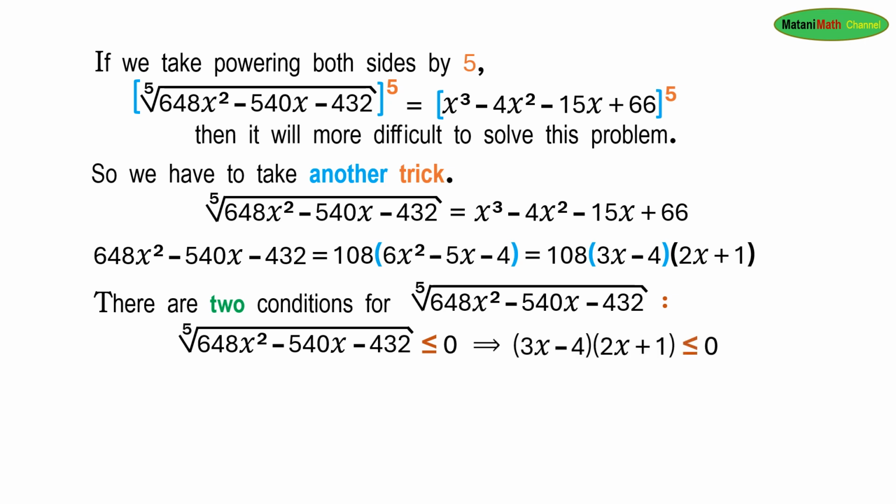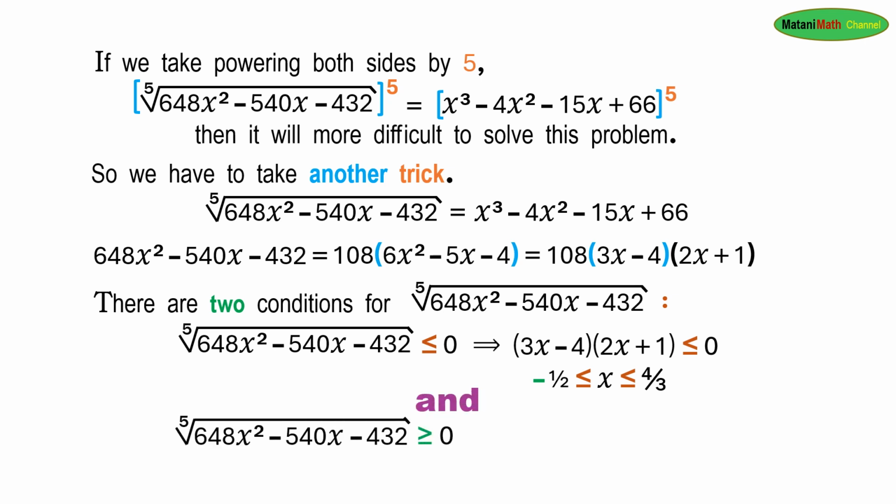Then 3x minus 4 times 2x plus 1 less than or equal to 0. So x greater than or equal to minus half and less than or equal to 4 by 3.